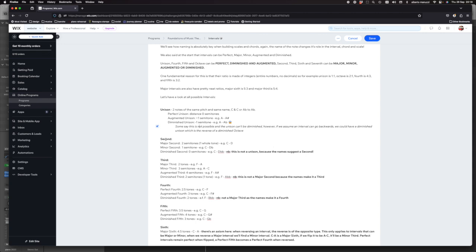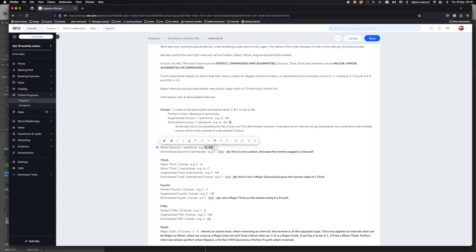Okay, so now a major second can be major, minor, augmented, diminished. So major second is 2 semitones, or a whole tone. C to D is a major second. Minor second is 1 semitone. So starting from C, it's 1 semitone, but it's not C sharp, right?